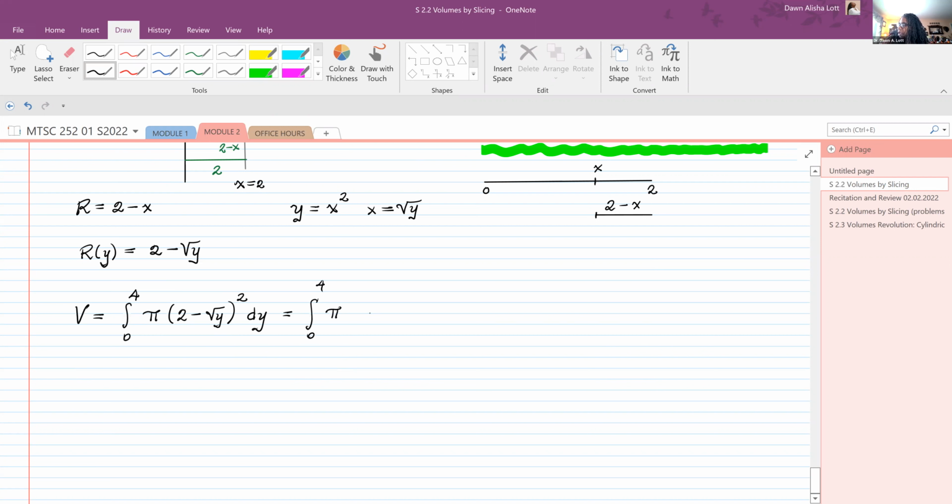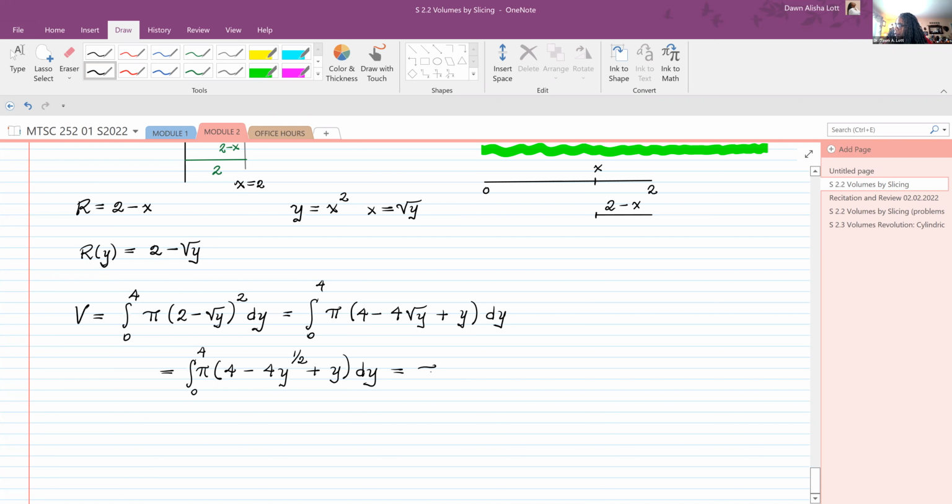And I have to FOIL that. So I get 4 minus 4 the square root of y plus y, dy. So that's when I'm integrating. This is the integral from 0 to 4 of pi times 4 minus 4 y to the 1/2 power plus y, dy.